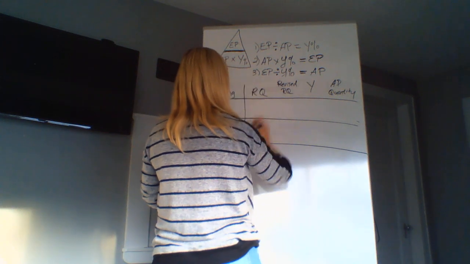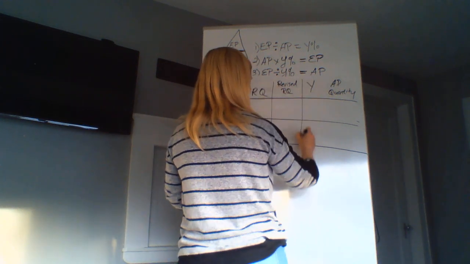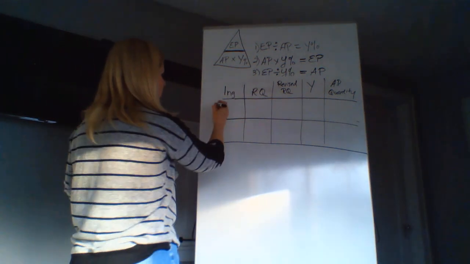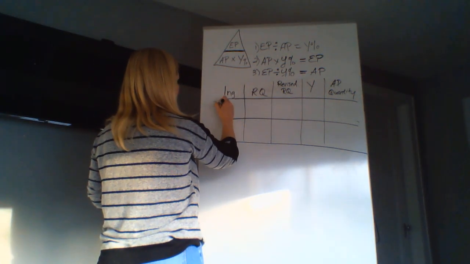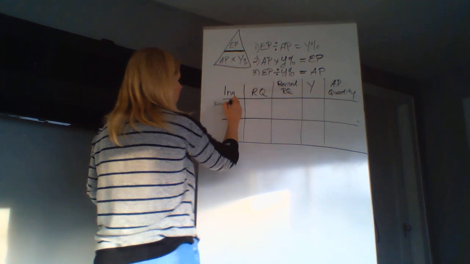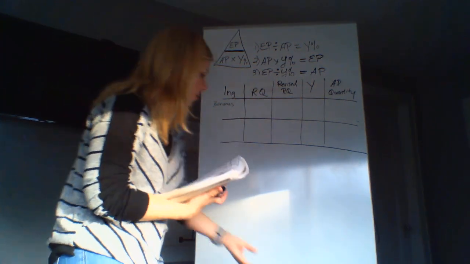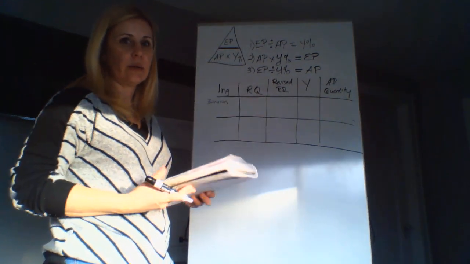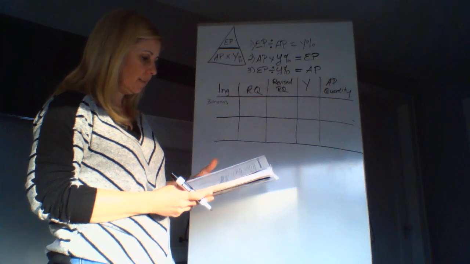Okay, let's start with bananas. That's our ingredient, right? So you follow along as I'm solving this. Let me make sure you can see this. You can't see the word bananas really clearly, but I'll make sure I write the numbers clearly, okay?